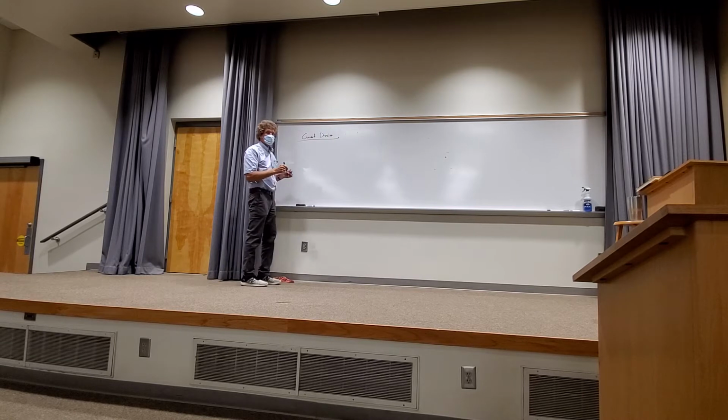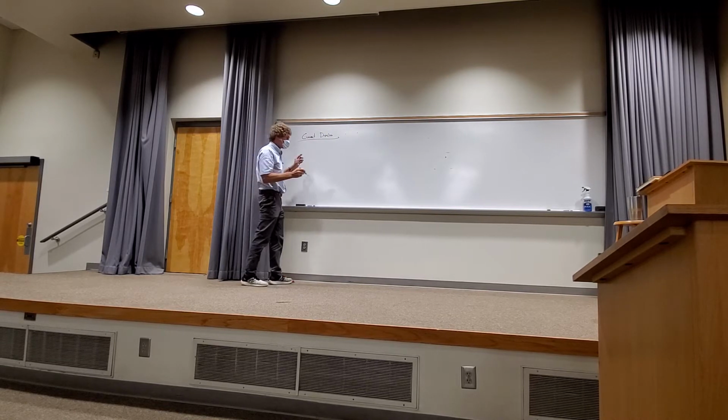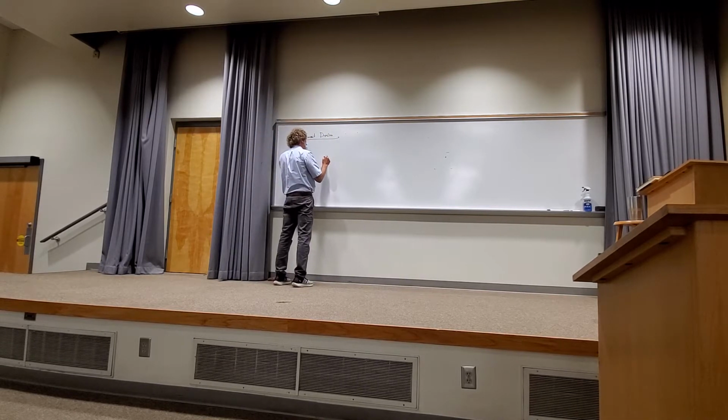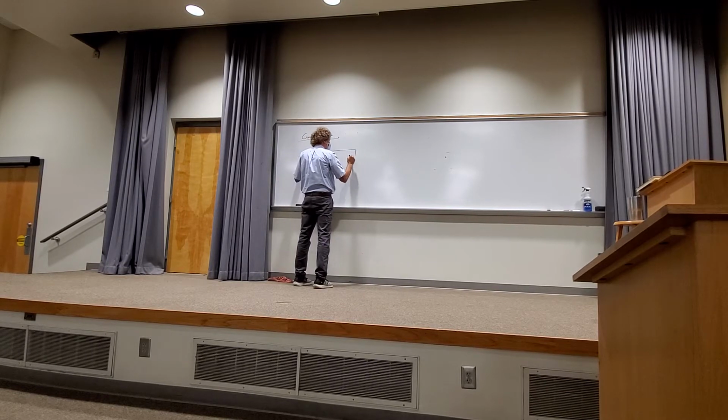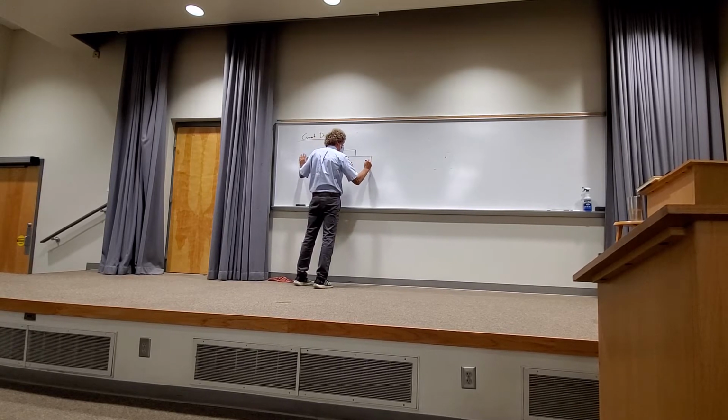Current division. Same idea. So here, what I'm going to do is show you the problem. I have plus to minus the voltage V. Then I'm going to have a resistor here, call it R1, and another resistor here, call it R2.